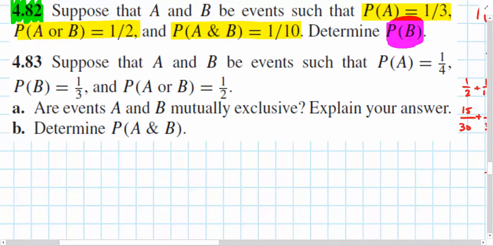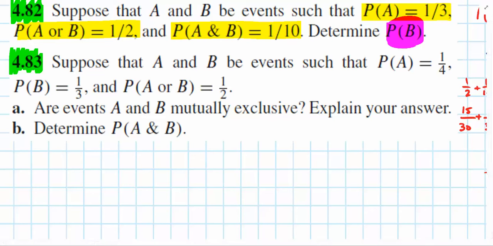Go ahead and take a look at problem 4.83 on your own. I'm not going to walk through it in this video, but it does look a lot like the last problem. But it asks us a couple extra questions. For example, are A and B mutually exclusive? And we want you to be able to explain how you know that, whether they are or not.